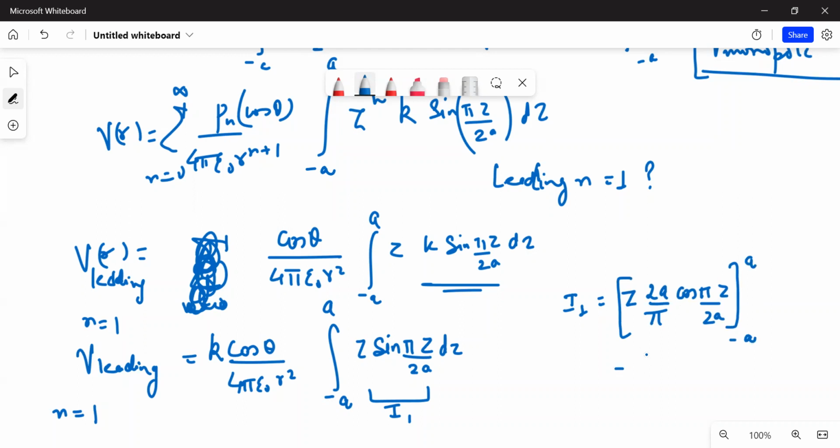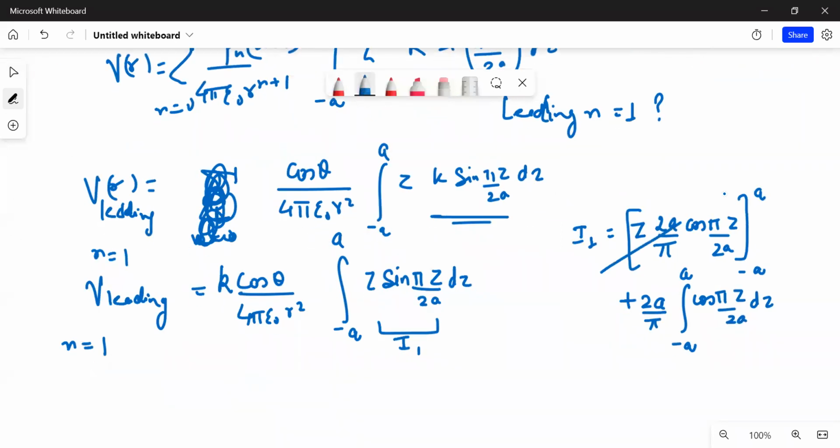And then minus the integration of z, where the derivative of z is 1, and the integration of this one would give minus minus plus, so this will be 2a upon pi, from minus a to plus a, and then cos(pi z upon 2a) dz. I think this first term would go to 0, so I'm not worried about it. My I1 would correspond to writing 4a square upon pi square, and then I think this will become 2.